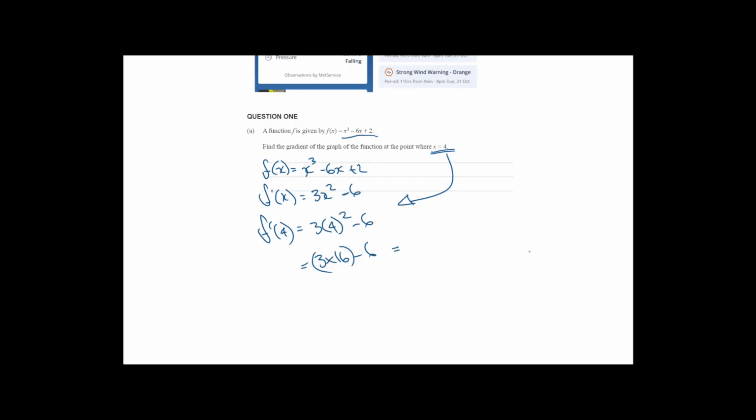So the gradient is 42, and really we should say 42 over 1, because it's rise over run. Okay, so far so good.